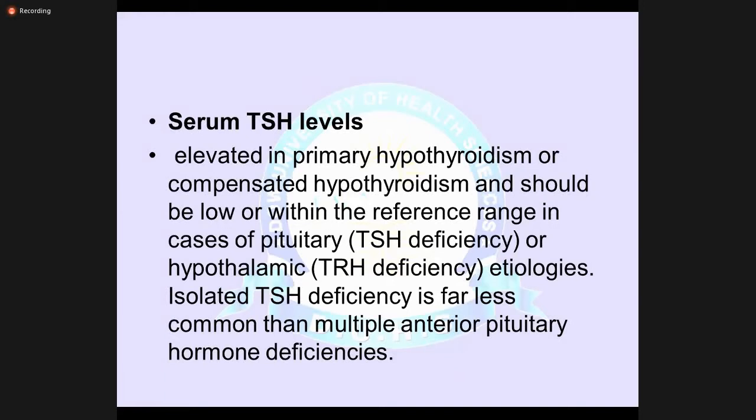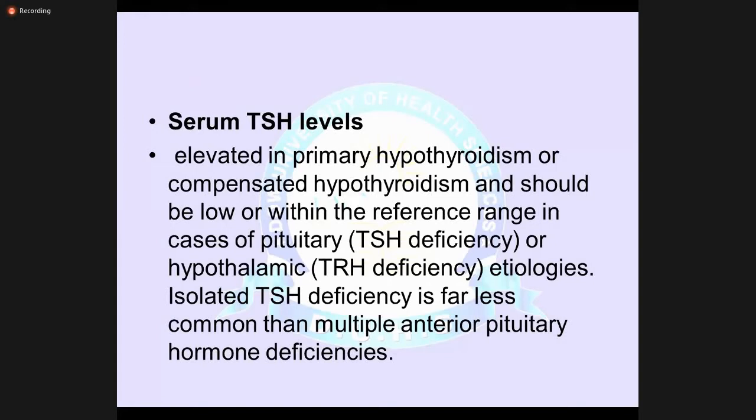That is, the hormones produced by the anterior pituitary will be found diminished along with thyroid stimulating hormone. Usually isolated TSH deficiency is far less common, and multiple anterior hormone deficiencies are found out, and that is a case of pituitary hormone deficiency.